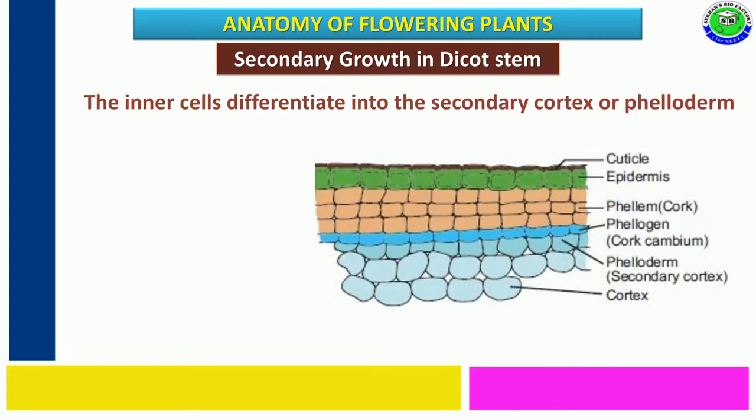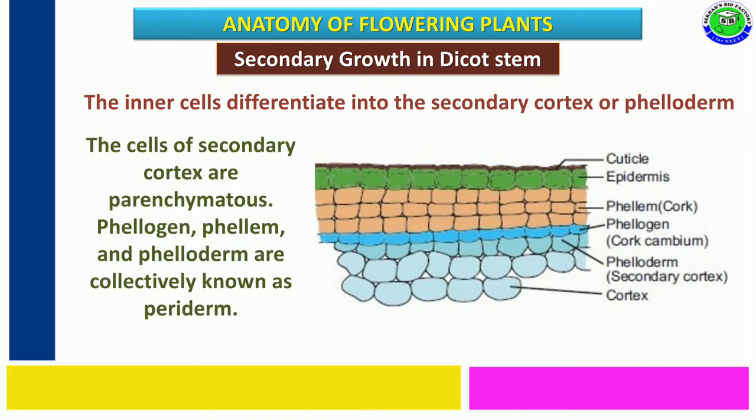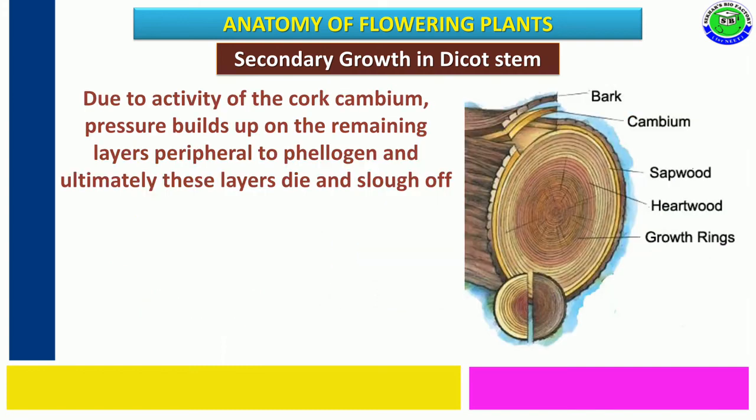At the same time, the inner cells differentiate into secondary cortex or phelloderm. Already primary cortex is present, but some more cortex formed from the cork cambium ring is called phelloderm. The cells of secondary cortex are parenchymatous. Phellogen, phellem, and phelloderm, all these three layers are collectively referred to as periderm.